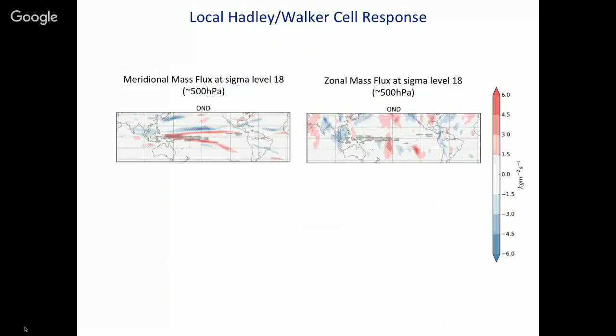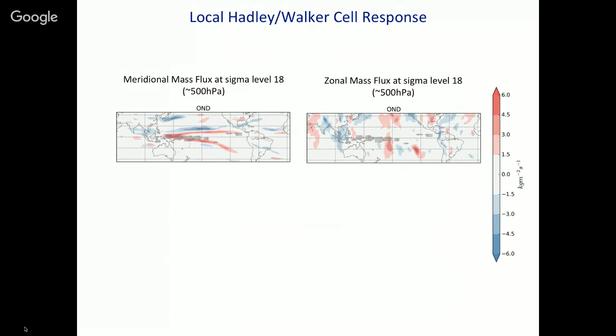So this is a little counterintuitive, but okay. The next one, what I'm showing you here, is you can also look at something called a local Hadley and Walker-Cell response. So you have omega, which is the vertical velocity. You can partition it into two: either the circulation is in the meridional direction or in the zonal direction. And if you multiply it with certain variables, you can get a mass flux.